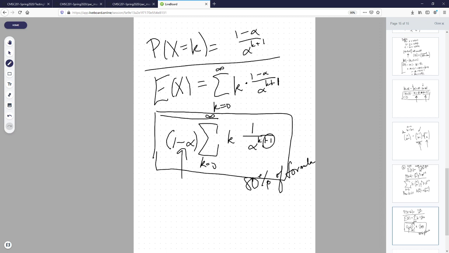In the formula, we're going to get the sum of kx to the k minus 1 power. Here we have k plus 1. Well, the good news is that alpha to the k plus 1 is equal to alpha squared times alpha to the k minus 1, like that.